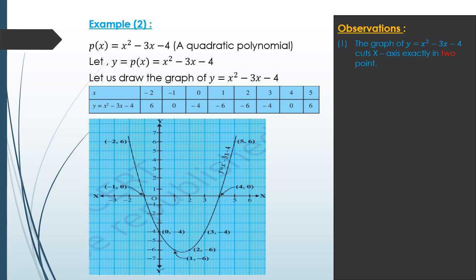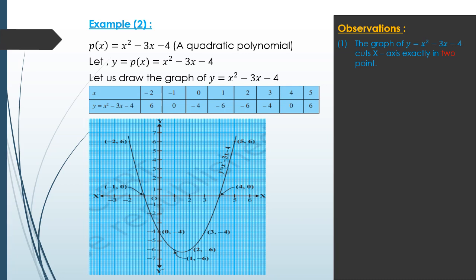As it is a quadratic polynomial, we know that the maximum number of zeros of a quadratic polynomial is 2, and the graph is intersecting the x-axis in only 2 points. So once again we can justify our statement: number of zeros is equal to the number of points of intersection of the graph with the x-axis. This sentence is very important.